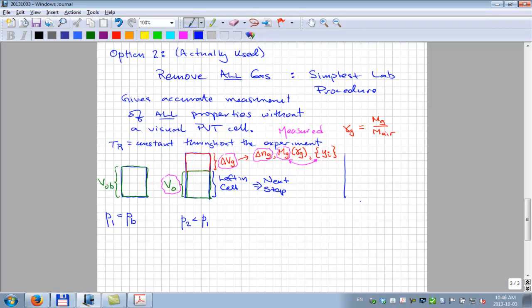We're now at the third pressure, which is less than the second pressure. The volume gets big again. Oil volume gets smaller again. And we just keep going and do the same thing every time: remove the gas, measure the amounts, get this oil volume, and so forth.